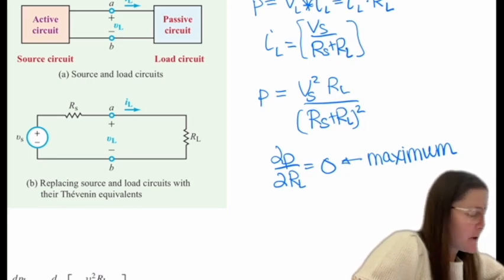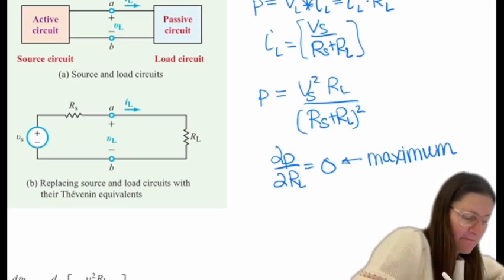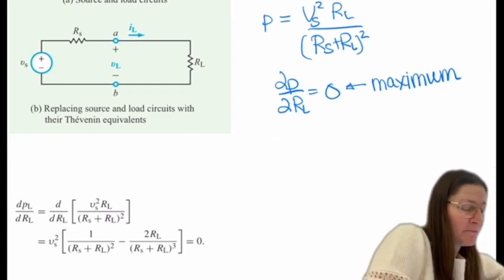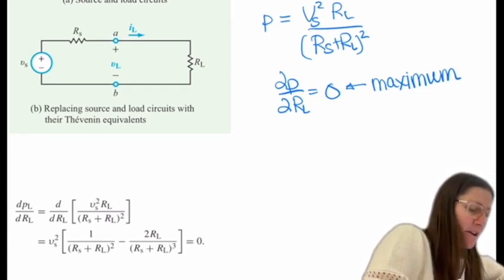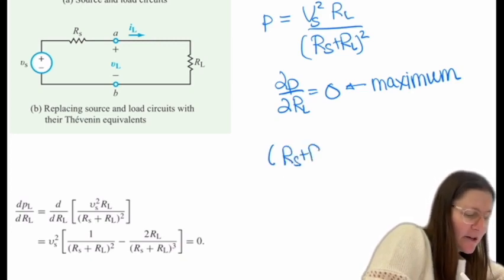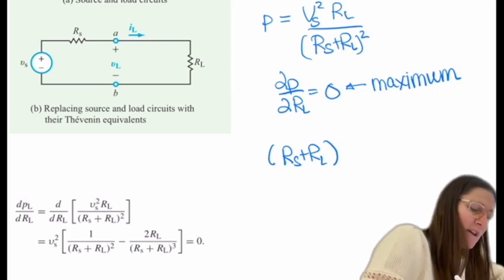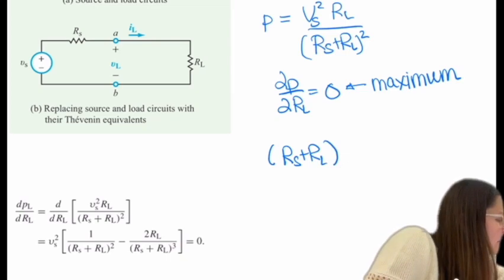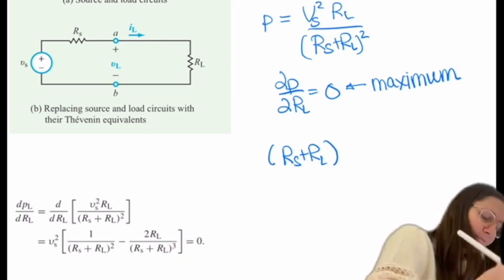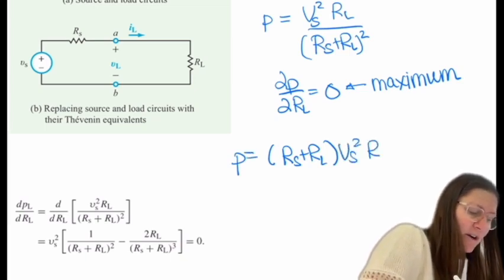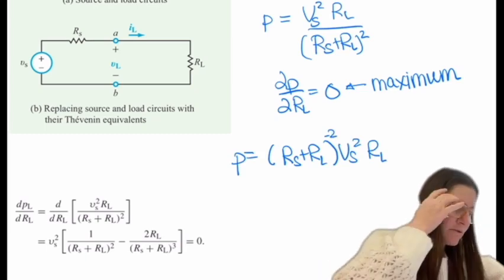Okay, so if I was to take the derivative of this with respect to R_L, I would have R_S plus R_L for the bottom. I would rewrite this as V_S squared R_L, with a minus 2.